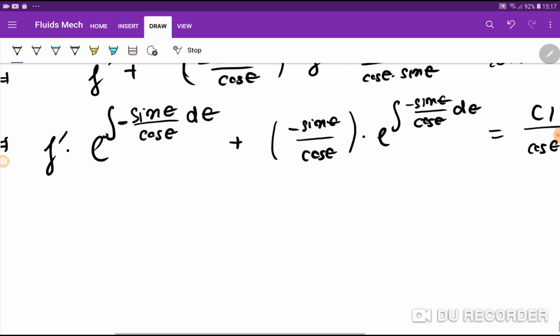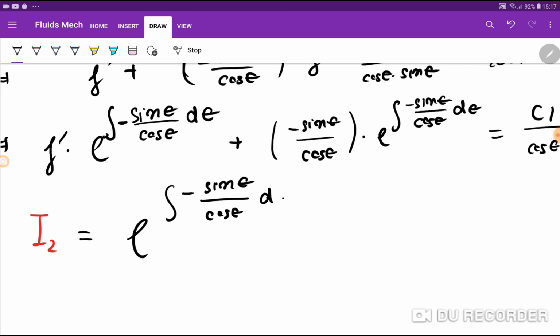I'm going to evaluate this integral, I'll call it I2: e to the power of negative sine theta over cos theta d theta.